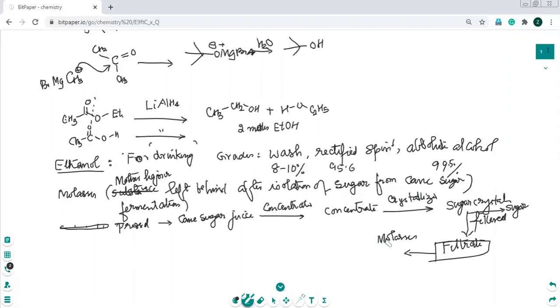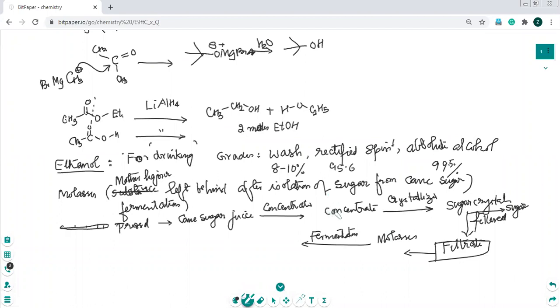It's an industrial waste. No more sugar you can isolate from here. That is why it is getting wasted. So this is taken and subjected to fermentation. It's a good old process. You must be knowing it.